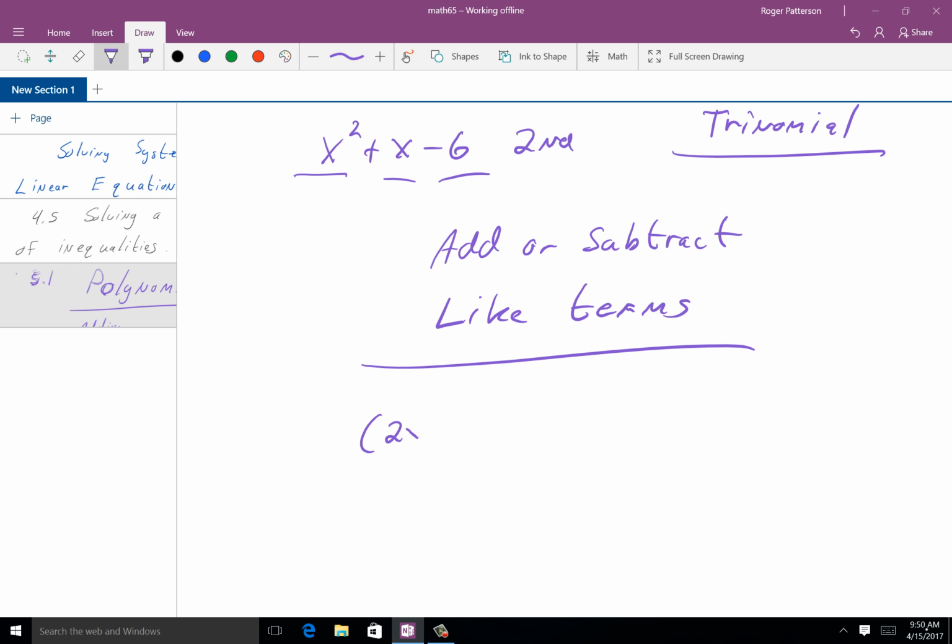So x times x squared, what's that going to give us? X cubed. Okay. X times 3x, what's that going to give us? 3x squared. X times 2 is going to give us 2x. We're done with the x. Okay, this is a perfect example of double distributing, more than the word FOIL.